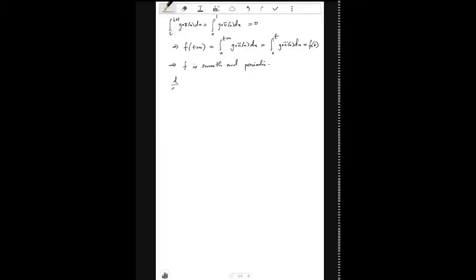Moreover, d/dt of f is equal to g composed with π. So since f is smooth and periodic, we can say that f is equal to some f0 composed with π. And what this says is, df/dt is equal to d/dt of f0 composed with π.